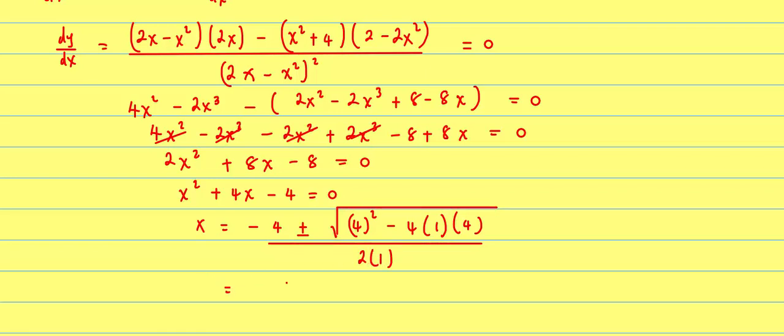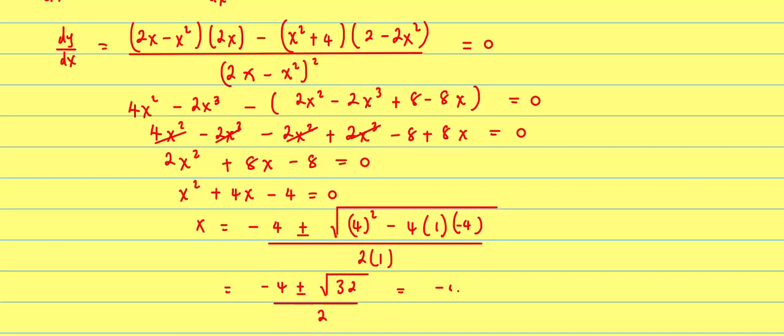Now we're going to have minus 4 plus or minus the square root of 4 squared, and that's minus 4 plus 16, which is going to be equal to 32, and this is divided by 2.